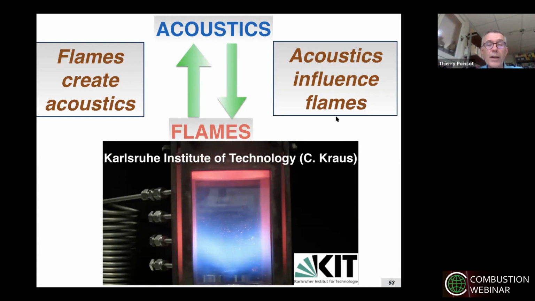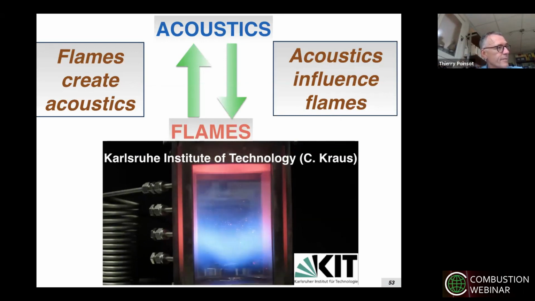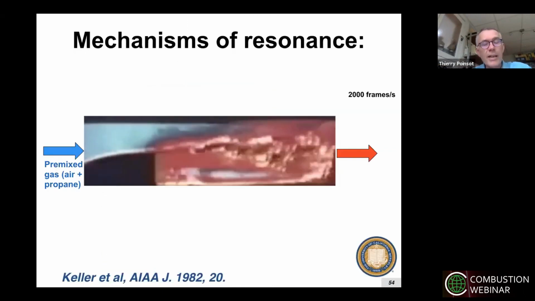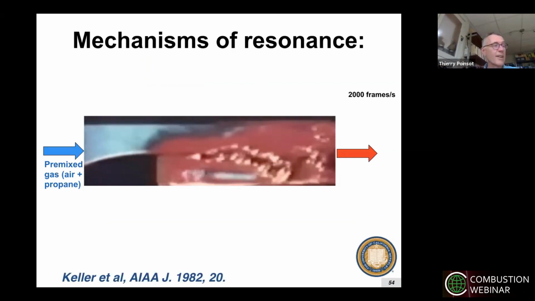Now, if flames react to noise, and noise reacts to flames, you have the possibility of having this loop here. And when this loop is closed, then you go into problems like this one here. So that's a combustion instability. And when it happens, you're basically in trouble.